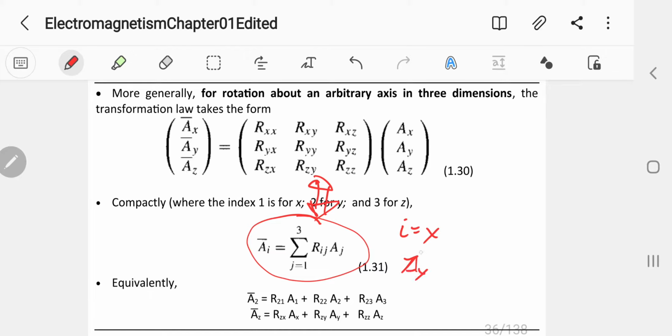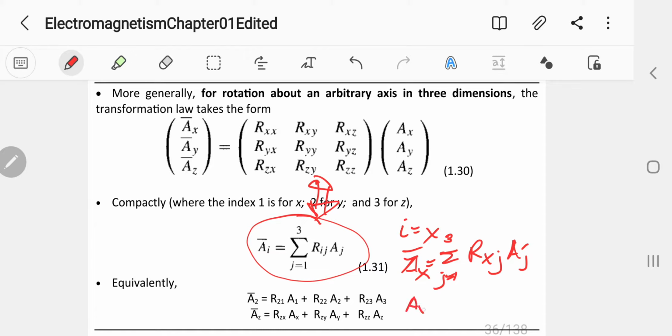So a x bar would just be equal to the summation of j equals 1 to 3 of r_xj a_j, but the j here runs from 1 to 3, and 1 to 3 would just be x, y, z, for example.